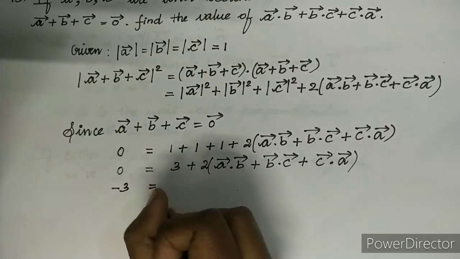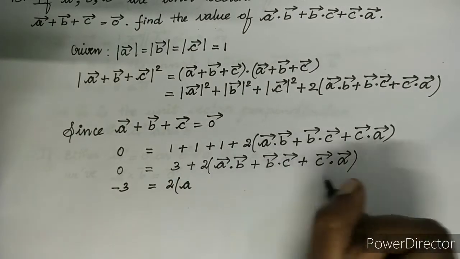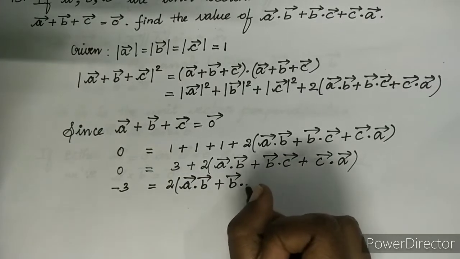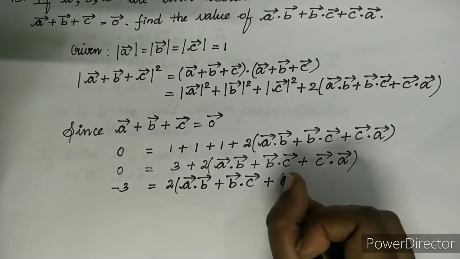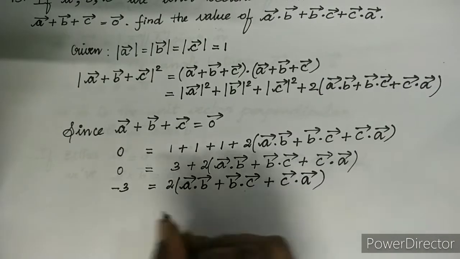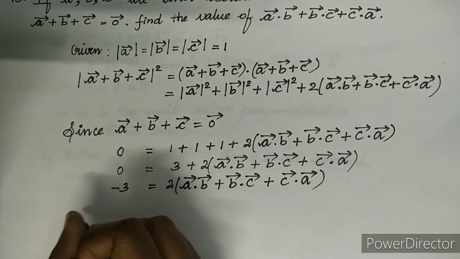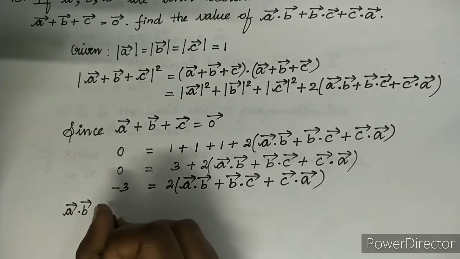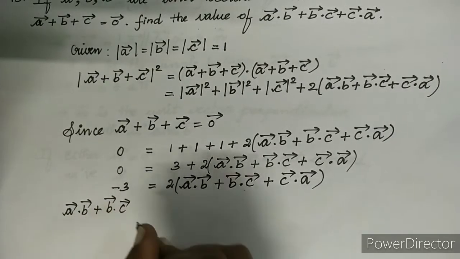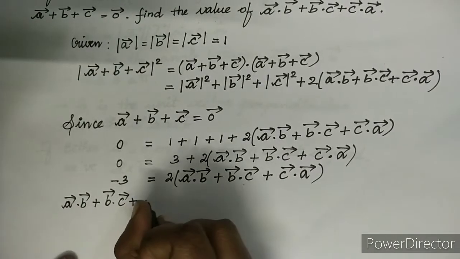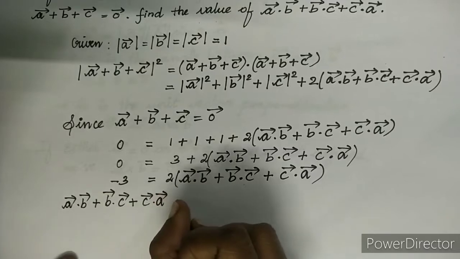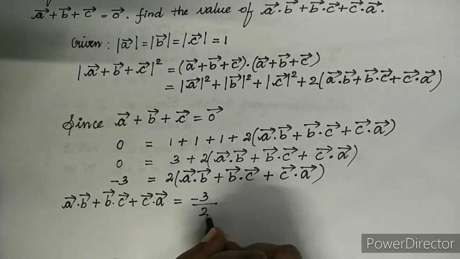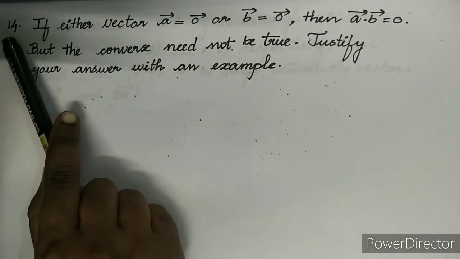Minus 3 is equal to 2 into A dot B plus B dot C plus C dot A. And our A dot B plus B dot C plus C dot A will be minus 3 by 2.